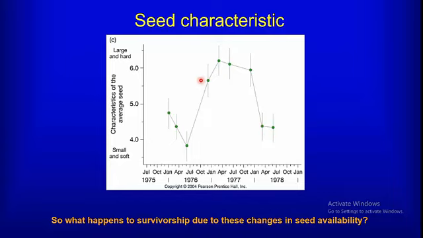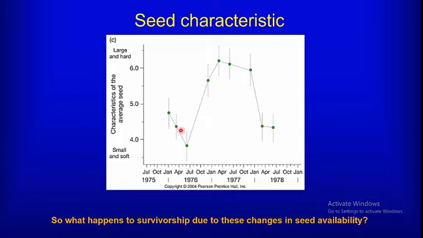Now, not only does the number of seeds fall, but the characteristic of the seeds also changes. So what they have over here on the y-axis is some kind of a composite measure of seed characteristic. As you go higher, the seeds are larger and harder, and as you go lower, the seeds are smaller and softer.